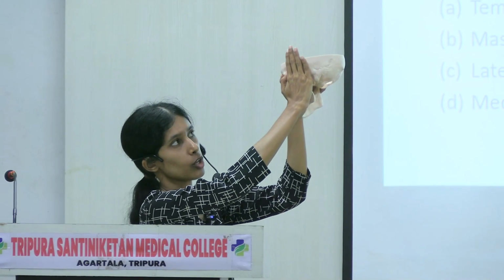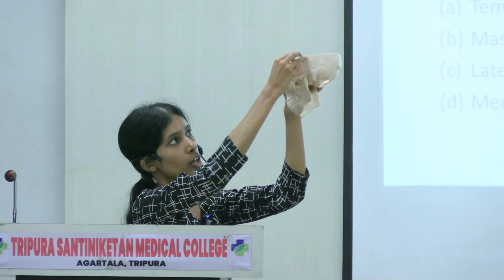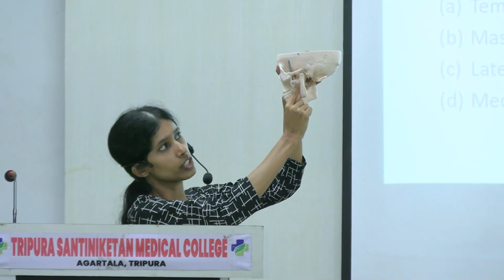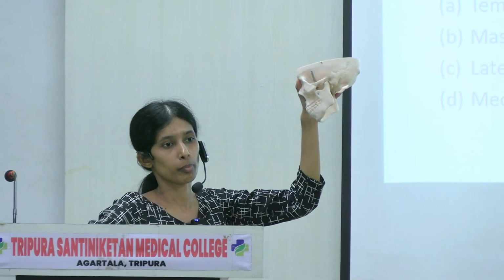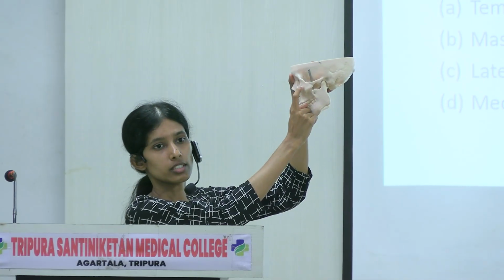Later the tendon of your temporal muscle will run through the temporal fossa region and reach until the mandible. So, what is the origin of the temporal muscle? From which part does it originate? From the temporal fascia and also from the floor of the temporal bone, except this bone. What is this bone called?